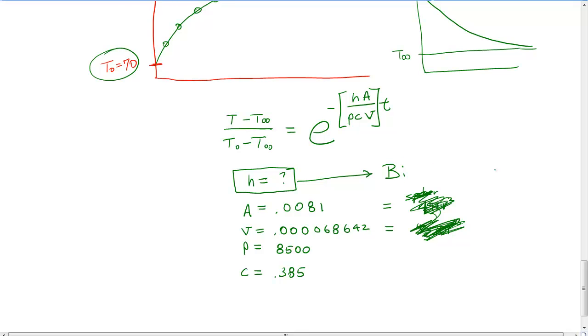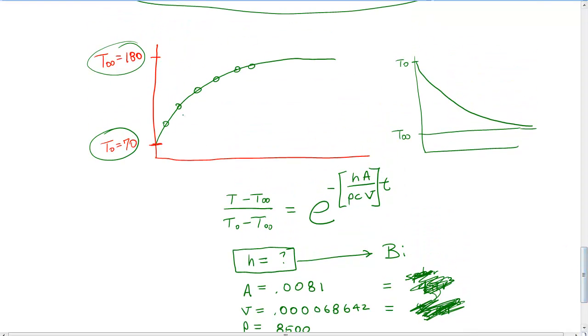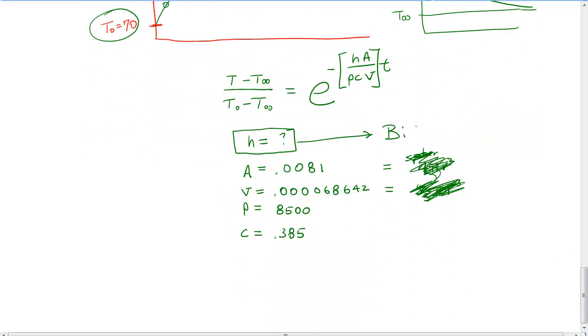The question is, is the data we have consistent with the fact that the Biot number is less than or equal to 0.1? Now, of all of the values that sit up here in this equation on the top and bottom, I know everything with the exception of h.